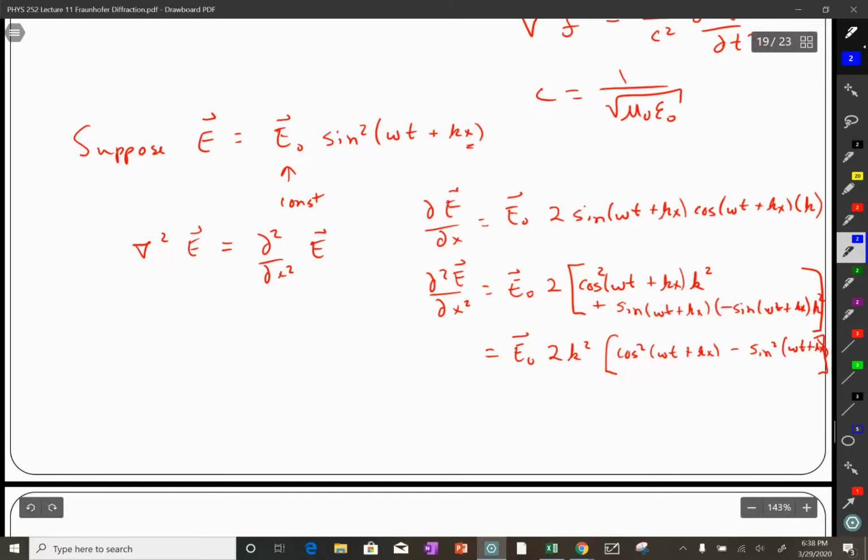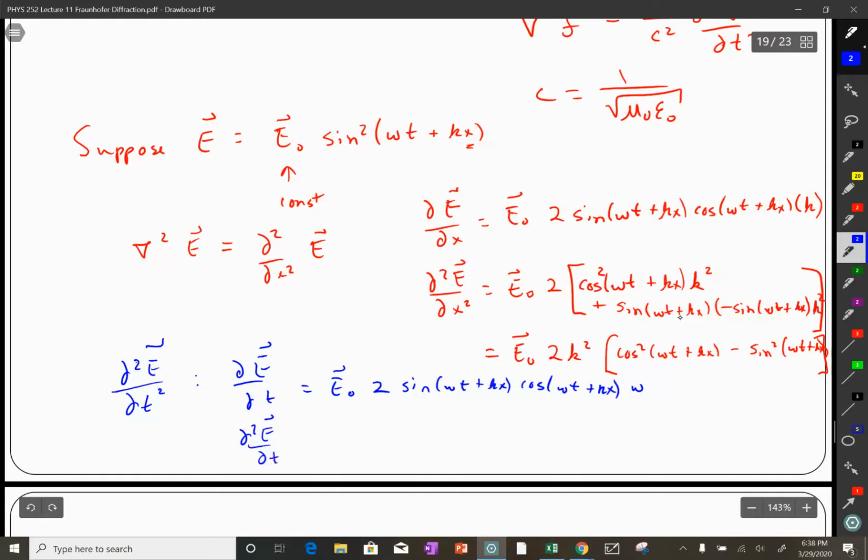Now I also have to do d second E dt squared. dE dt is equal to E0 times 2, and it'll still be 2 sine of omega t plus kx cosine of omega t plus kx times omega. d second E dt squared is equal to E0 2 cosine of omega t plus kx quantity squared times omega squared.